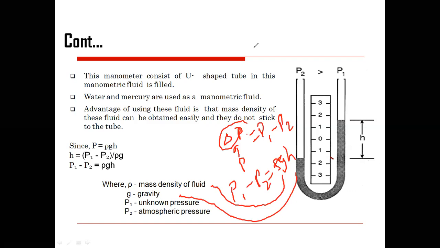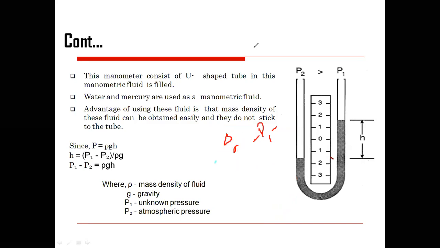If my unknown pressure is greater than the atmospheric pressure, then P1 minus P2 will be a positive result. But when my atmospheric pressure is greater, I get a negative result.